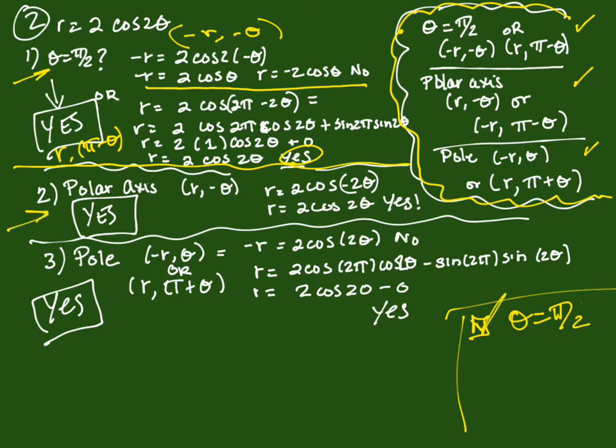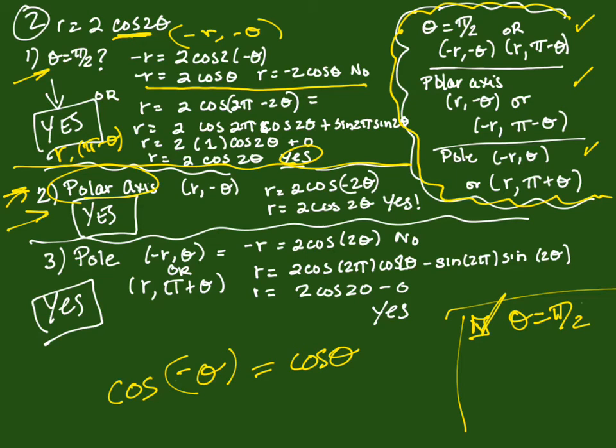For the polar axis, remember the identity: cosine of negative theta, I've said this before, is cosine theta. So a lot of times if you're doing the second one and you have a cosine and you're checking for polar axis, it would be true.